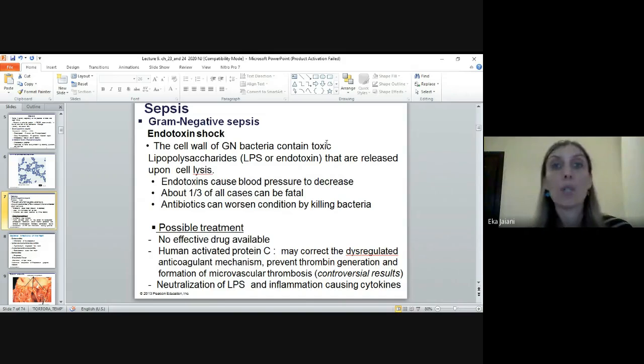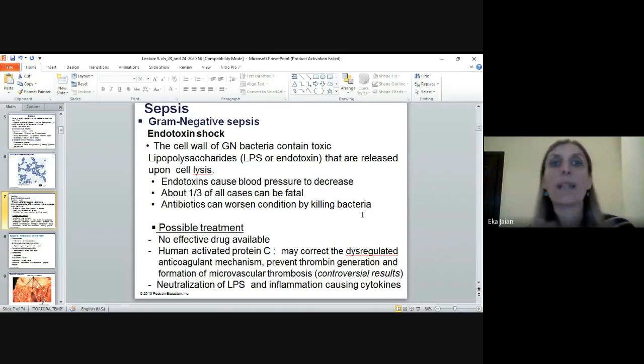In gram positives, this is thick. In gram negatives, this is thin. In addition, gram negatives have lipopolysaccharides that have this endotoxic activity, and they are released when cells die.